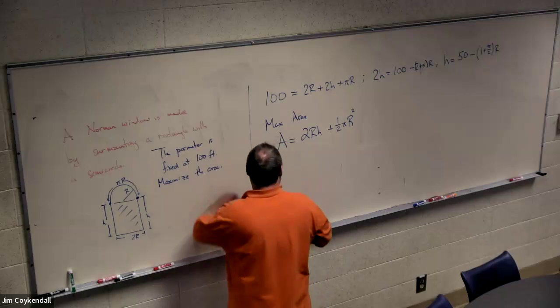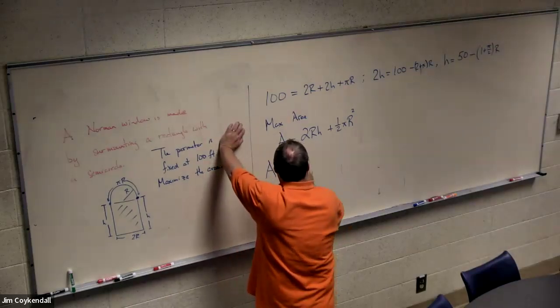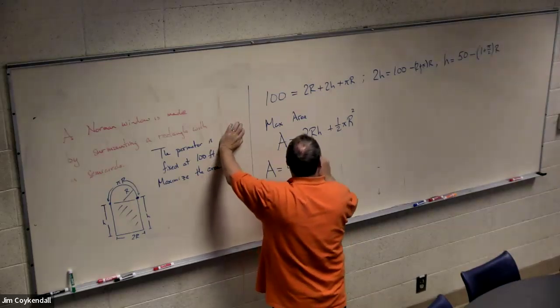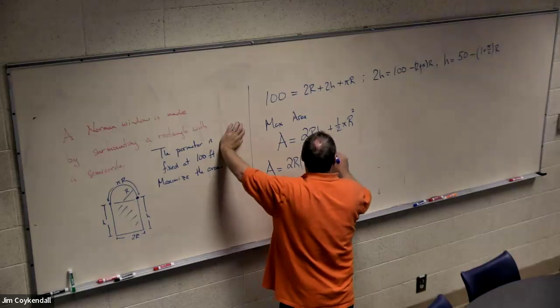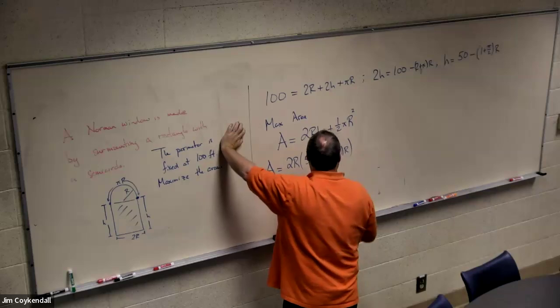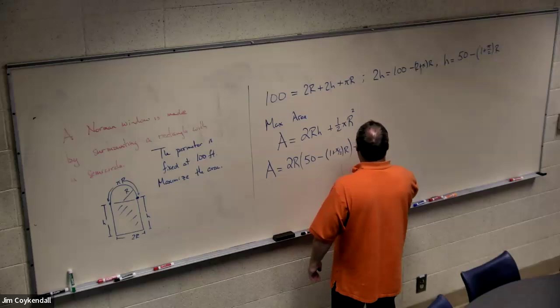So the area is 2R times H, that's 2R times (50 minus (1 plus pi over 2) R), plus the semicircle, one half pi R squared.